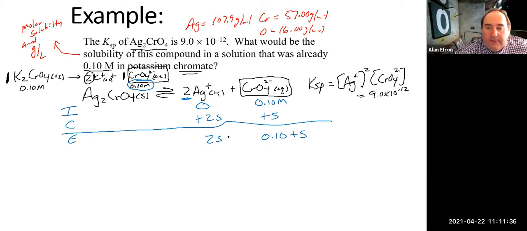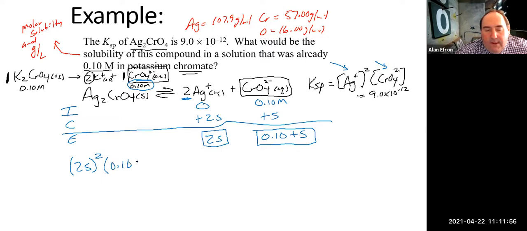All right, so just like we've been doing at this point, we're going to take what we got here, kind of similar to how we solve for x, and basically put it into here to solve for x. And if we do that, we will end up with 2s. Again, don't forget we do need to square it. Times 0.1 plus s would equal our Ksp value of 9 times 10 to the minus 12.